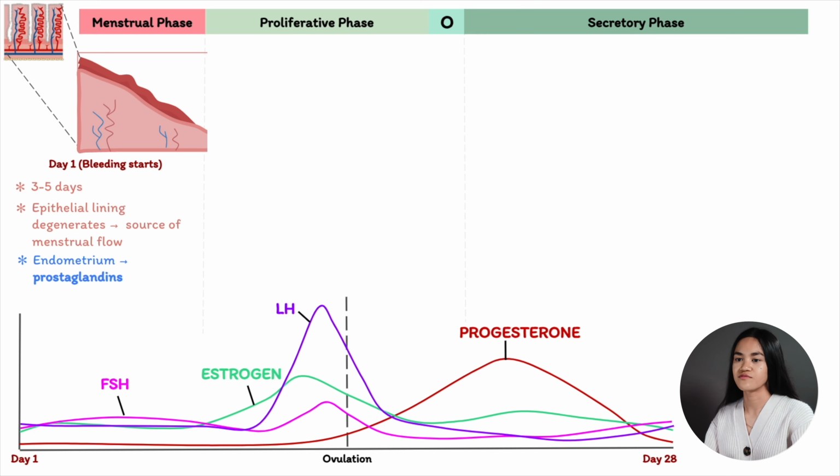And the uterine blood vessels constrict, where we're going to be reducing blood flow and nutrients to the cell. And this is the major source of menstrual cramps or dysmenorrhea, because there's an overproduction of these prostaglandins which cause uterine contractions. And prostaglandins also affect other smooth muscle in the body, which is why during menstruation, an individual may also experience headache, nausea, or vomiting.